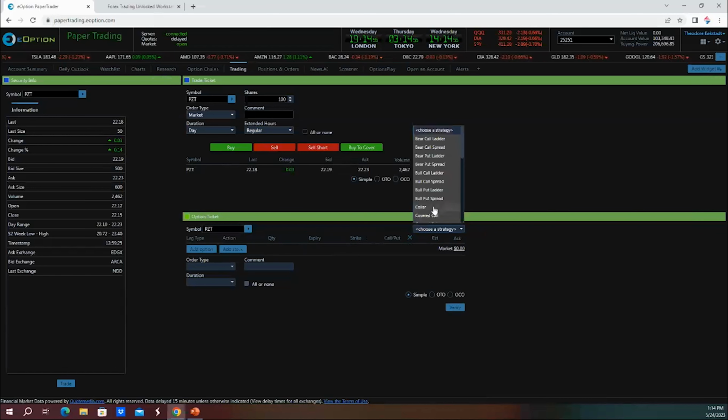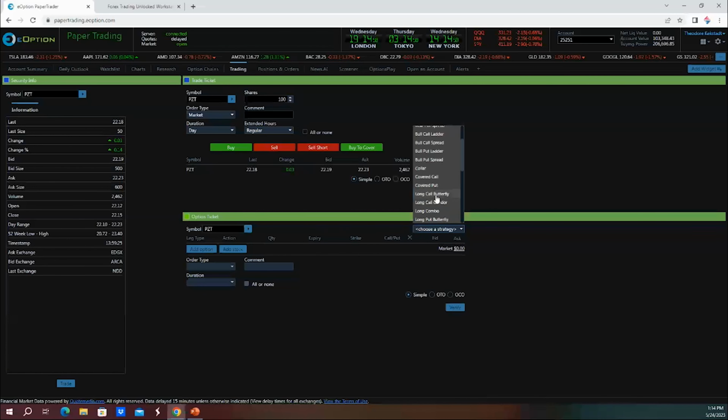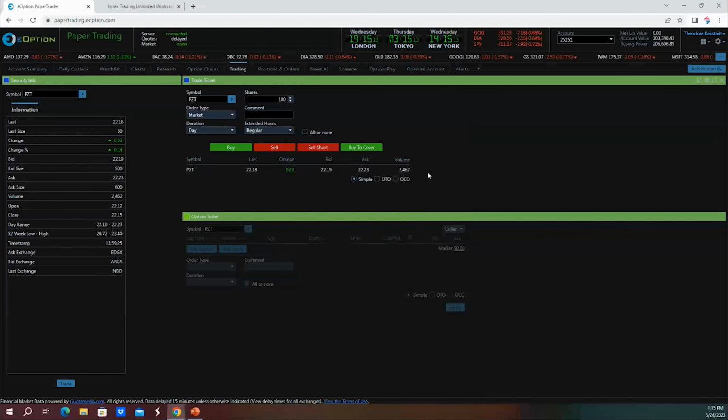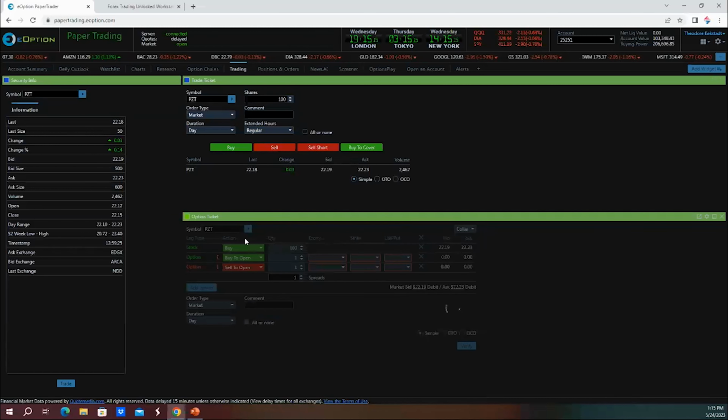Let's see if I can just pull up a long straddle. Yeah, we have a little latency issue here. I think we forgot to set the speed on this one because we're not using the desktop again.